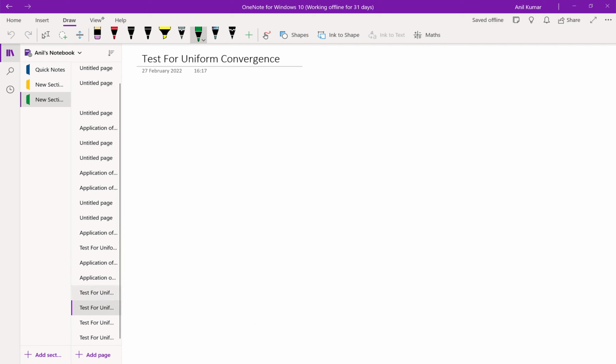So let's start with an example of how to apply this test for a given sequence of functions.